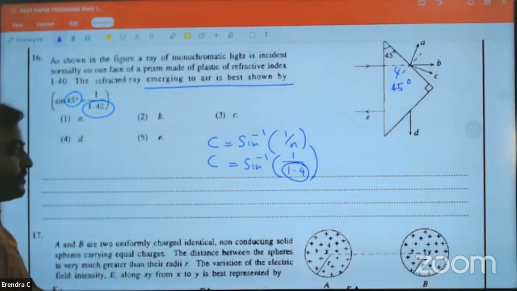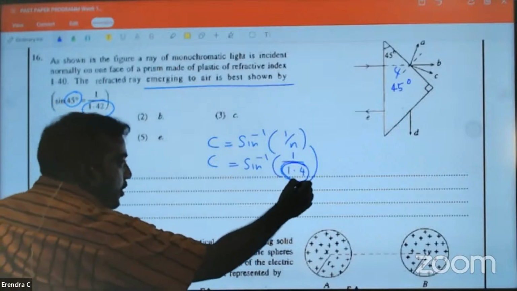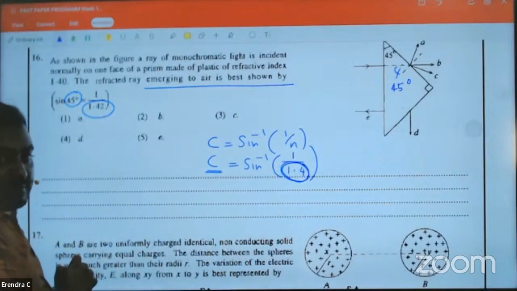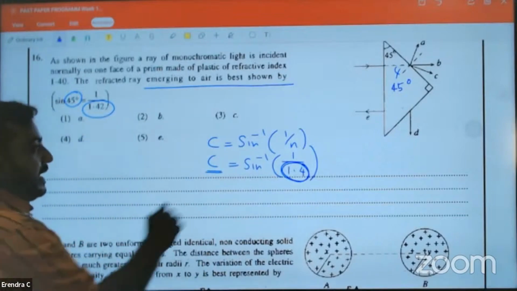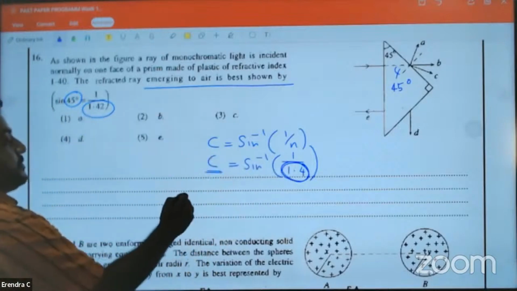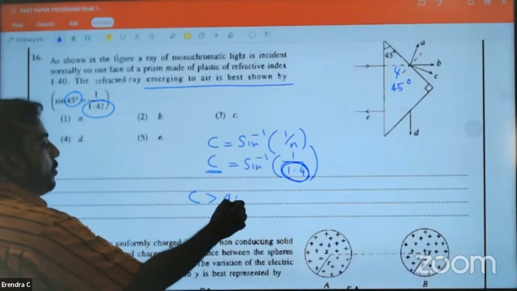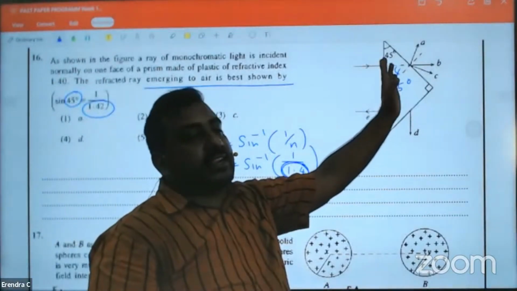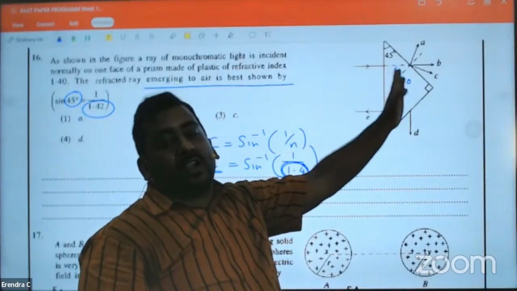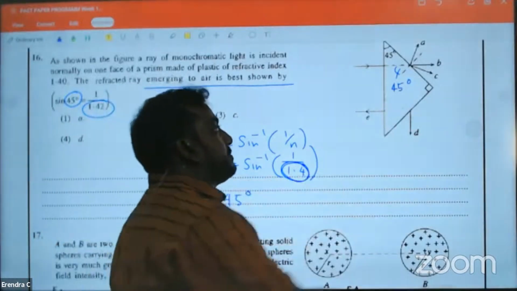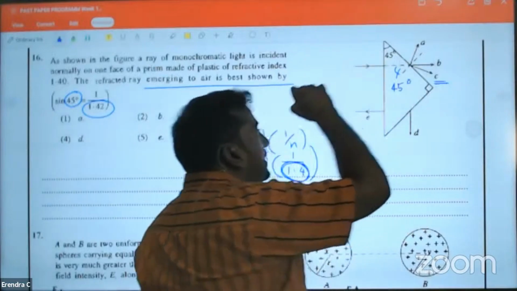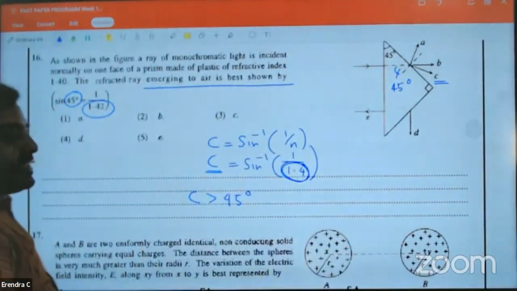When here it's 1.4, will the angle be more than 45 or less than 45? Lesser means more. C is going to be greater than 45. That means total internal reflection does not take place here, which means light rays go from denser to rarer. Correct answer is answer C.